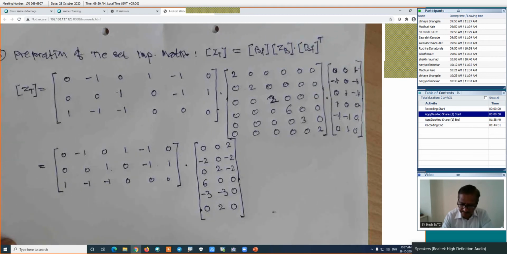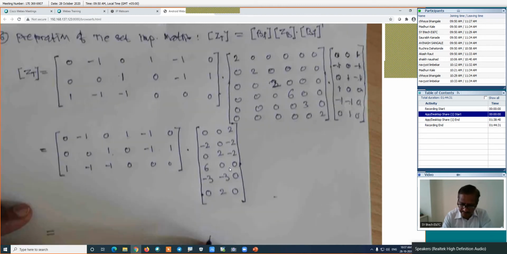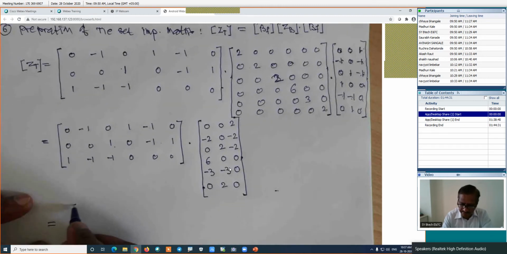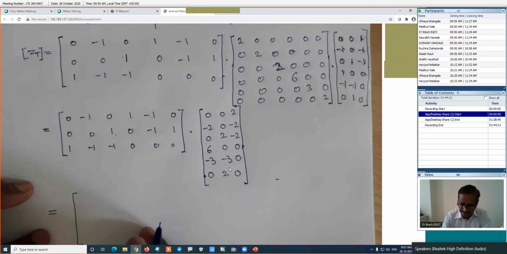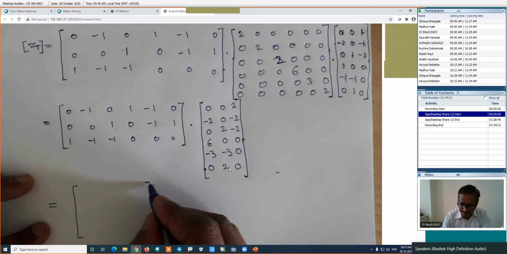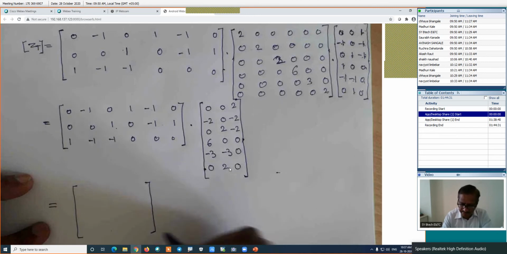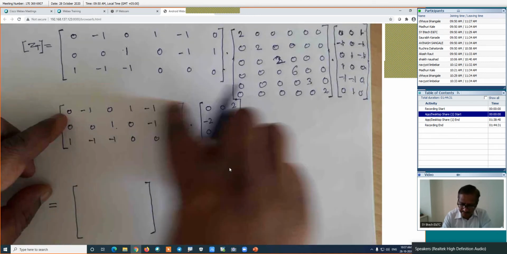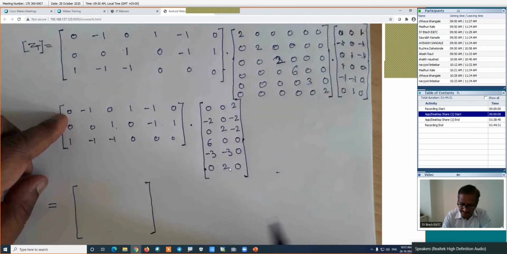Is it right? Next, we will find the final elements of this matrix, which is ZT. Look at this first row and first column. How are the values?